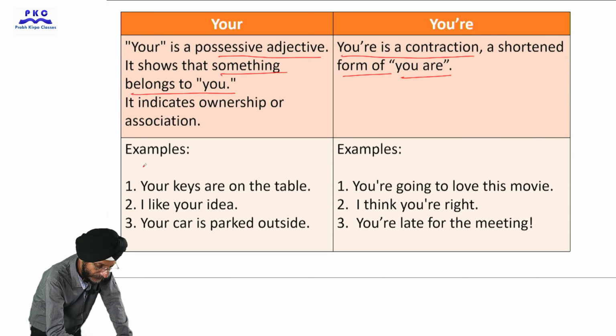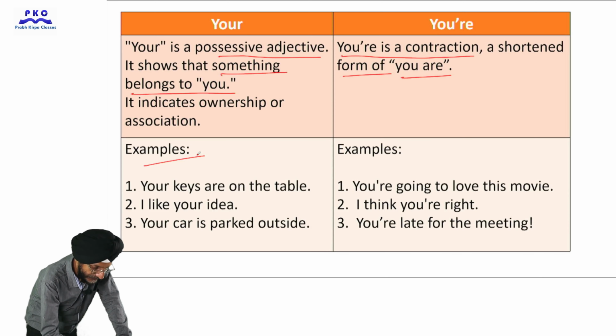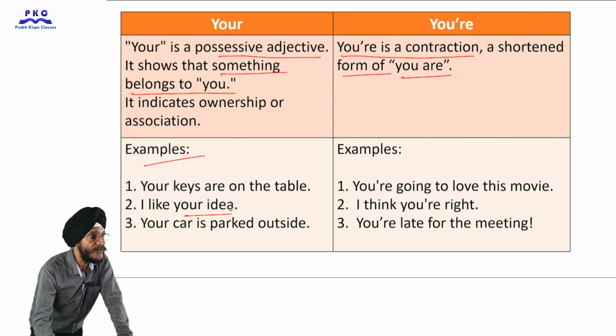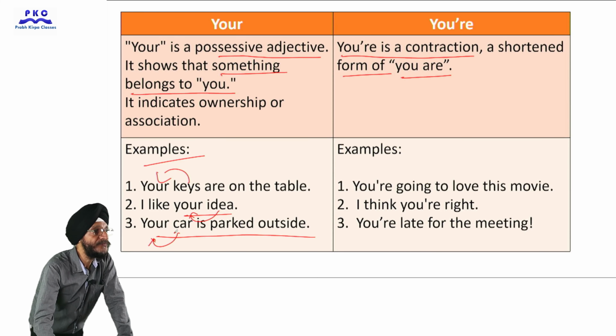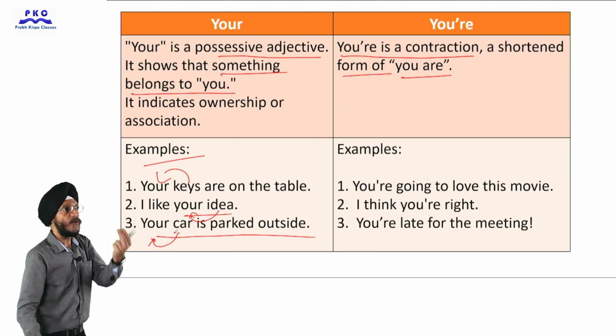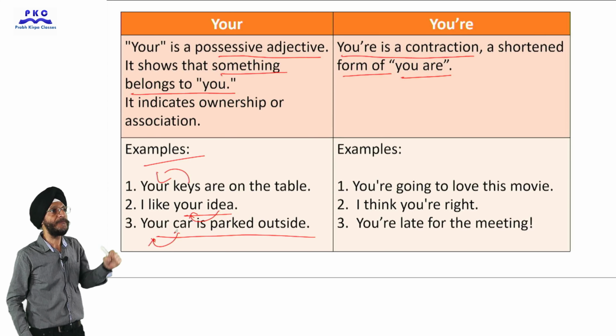In the case of "your", the examples are: your keys are on the table, I like your idea, your car is parked outside. So in these cases, keys belong to you, idea is yours, car is yours. So ownership or possession is with you.